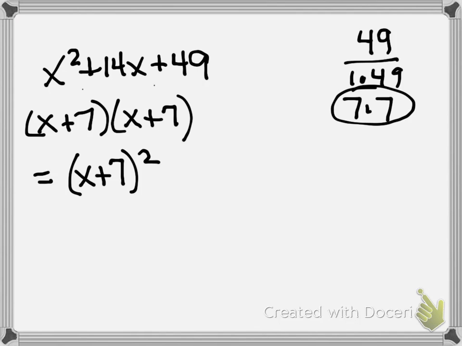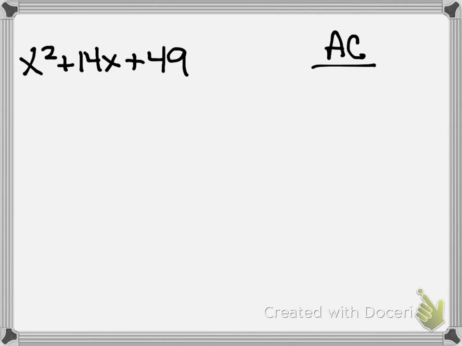And if you use the AC method on that, it's x squared plus 14x plus 49. A times C is 1 times 49, which is 49. Well, now we want to break this up into factors that equal 14, which is 7 times 7. So we will rewrite the middle term.